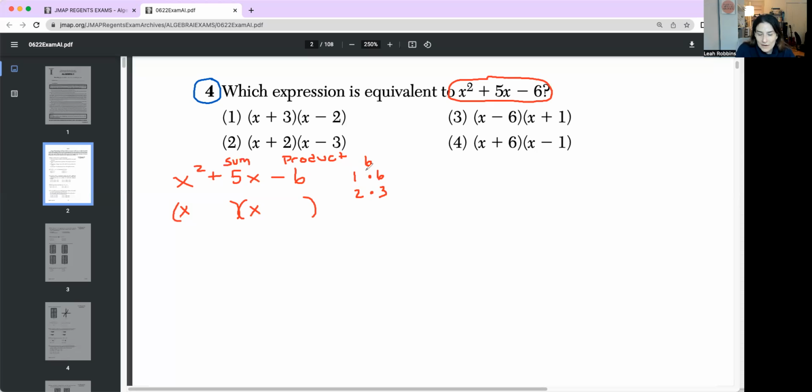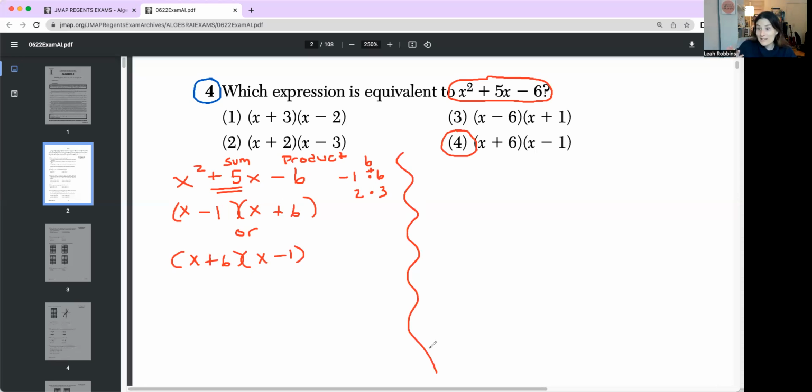So what's going to work here is -1 and +6. -1 plus 6 is +5. -1 times +6 is -6. So we end up with x minus 1 and x plus 6. The order doesn't matter. We could write it as x plus 6 times x minus 1, which is answer choice 4. So that's one way we can solve it.